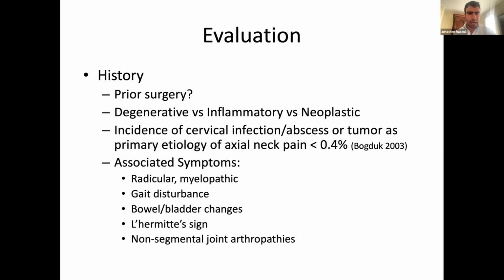Okay, so when we evaluate these patients in clinic, we look at all kinds of things. I'm not going to go through this, but this is basically looking at what the red flags are. When someone comes in and says, I have neck pain and my arm hurts and I have numbness, everybody has that. So you wonder, who are the patients who can go through pain management and physical therapy and I can operate on them in a couple of months, or who are the patients I need to send to the emergency room right now?